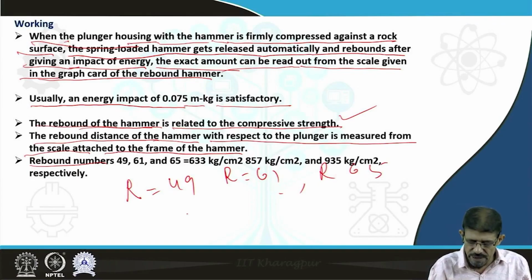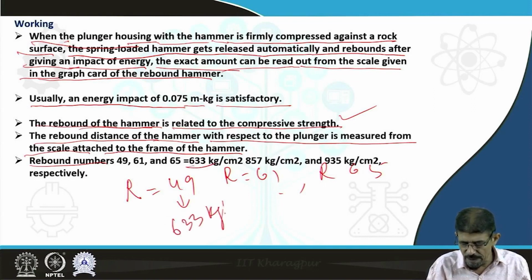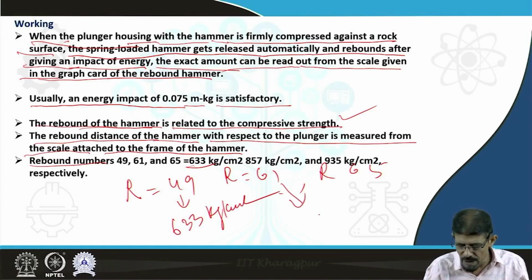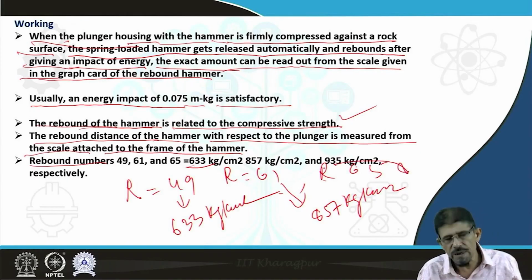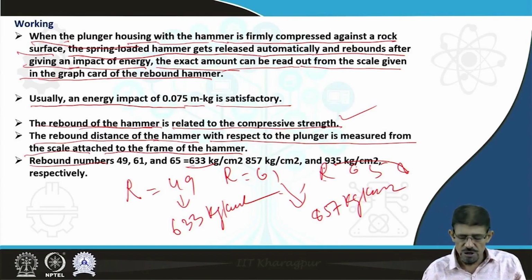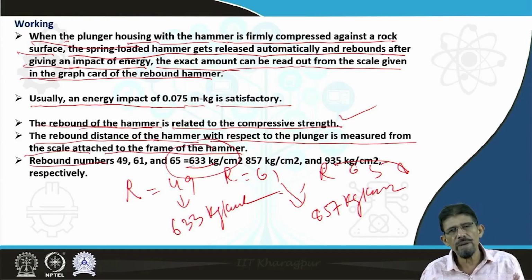In a standard test, this generally represents 633 kg per cm square strength, 61 represents about 857 kg per cm square, and 65 represents 935 kg per cm square as a strength. So indirectly, without any complication, we can determine this value of strength very easily.